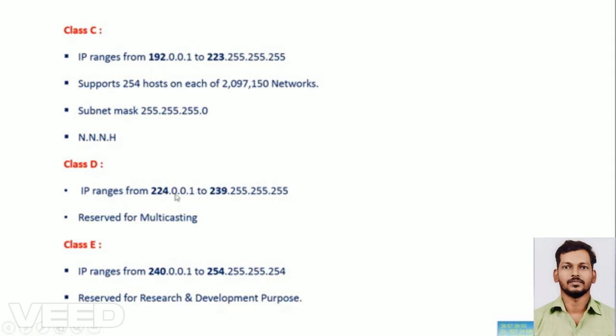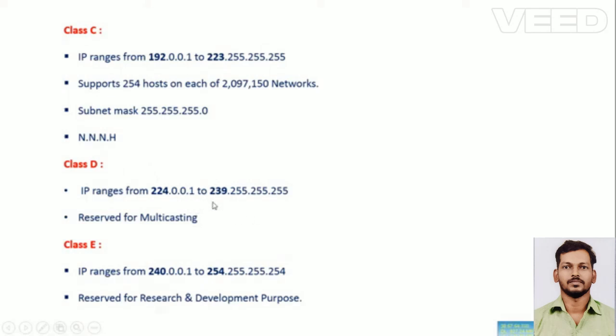Here the range is from 224.0.0.1 to 239.255.255.255. These ranges or IPs are reserved for multicasting purposes, so these IPs are not used anywhere.